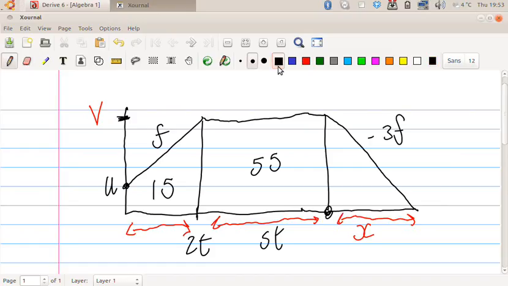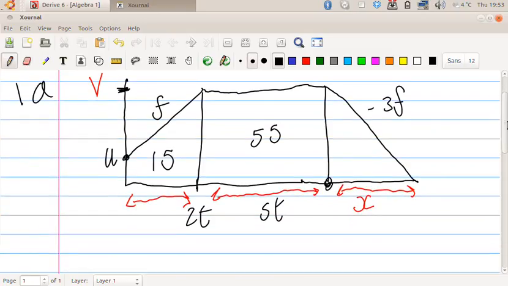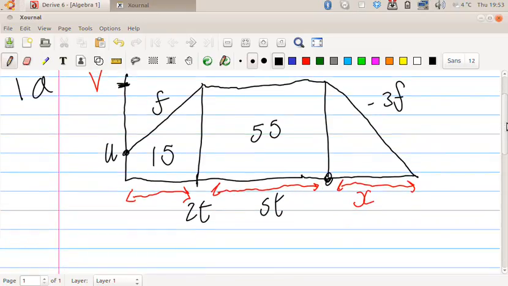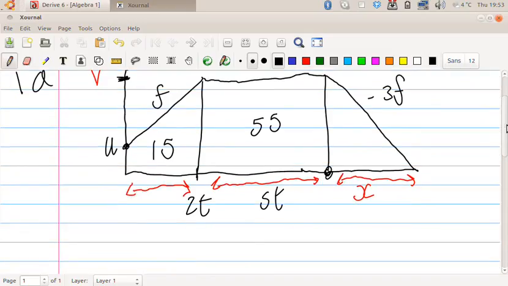Have I got all the info on the screen here? I should have drawn this smaller, but you'll have it drawn there as well.